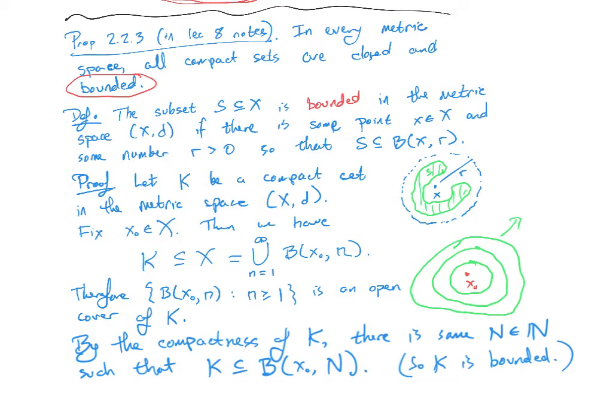Let me draw your attention to one other thing in this proof. In the definition of bounded, we said if there's some point x that we can center this at. Well, in our proof, we actually just let x naught be arbitrary. It doesn't matter what x naught is.